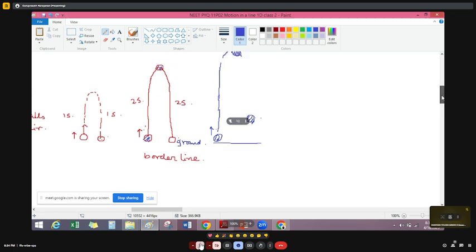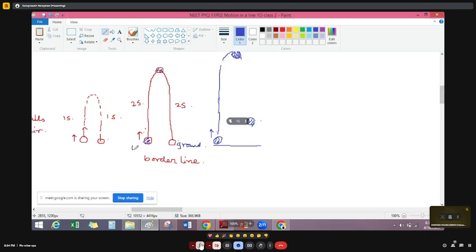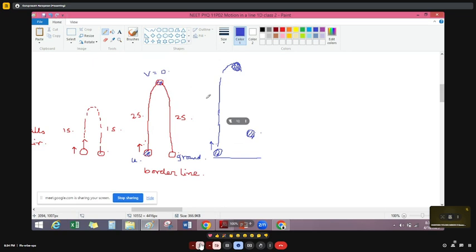So I'm supposed to find the u here. I know that at this point v is equal to 0 and time taken should be at least 2 seconds, right? Because it should be more than 2 seconds.